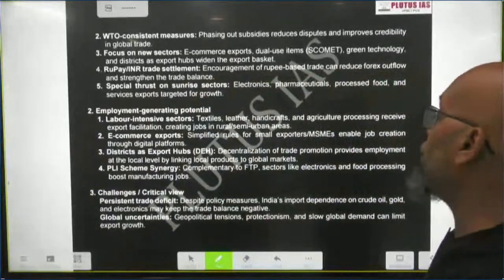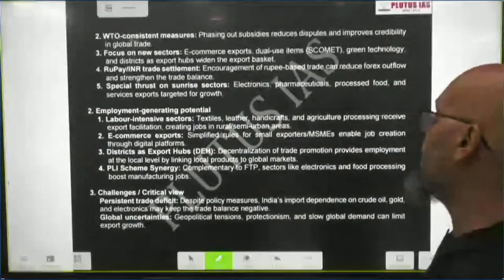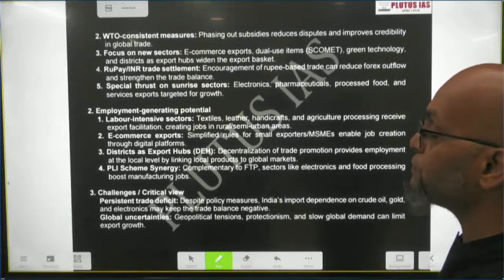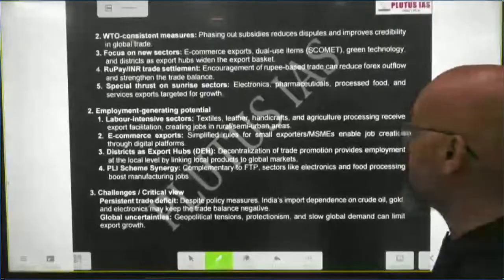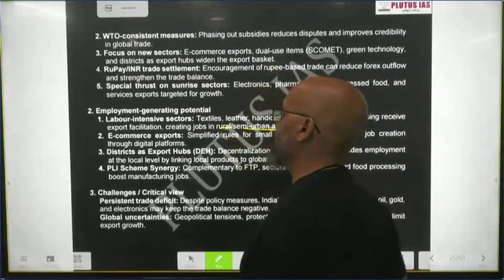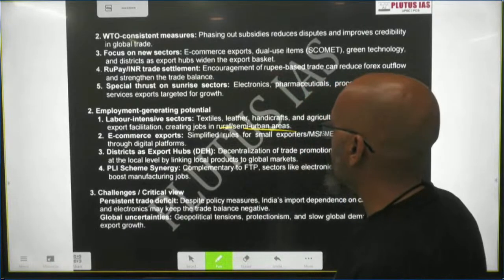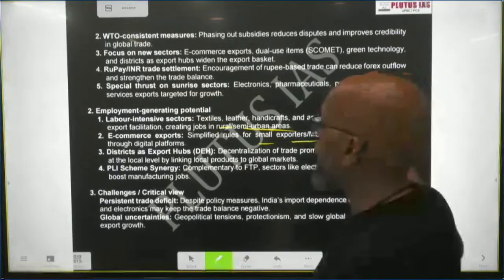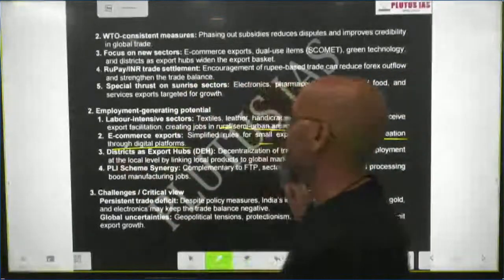So, employment generating potential. Labor intensive sectors like textile, leather, handicrafts, and agricultural processing receive export facilitation, creating jobs in rural and semi-urban areas. E-commerce exports, simplified rules for small exporters, MSMEs, enable job creation through digital platforms.